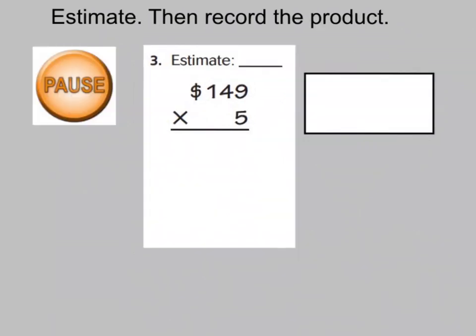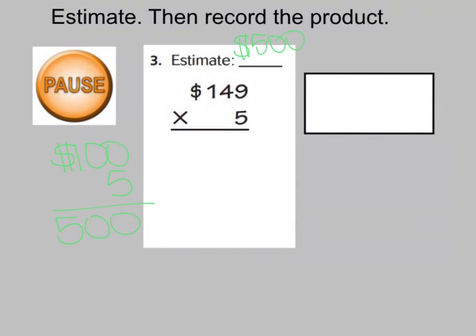All right, boys and girls, so now it's time for you to try one on your own. I am going to help you set it up, and then I want you to try it all on your own. So we know that $149 is actually rounded to 100. Multiplied by 5 gives me my estimate of $500. Don't forget your dollar sign.